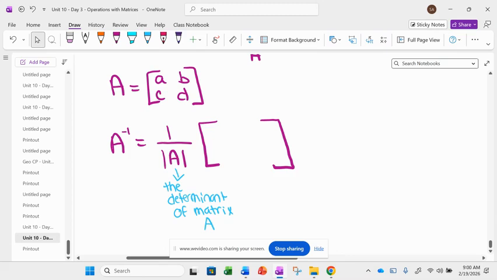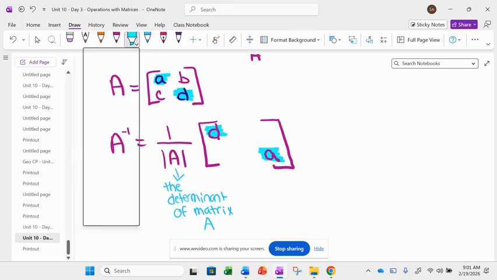Now what we're going to do is go to matrix A and switch position 1 and position 4. What do I mean when I say switch position 1 and position 4? A is 1, D is 4. I'm going to switch them. So it becomes D here and A here. And then in position 2 and position 3, or element 2 and element 3, I'm not switching them, I'm negating them.